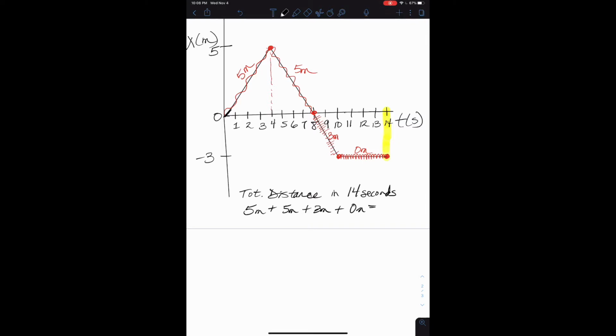What does that equal to? 13. And there's one way we could get a "how far" question.